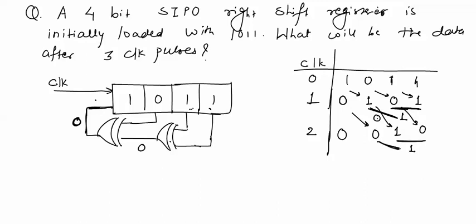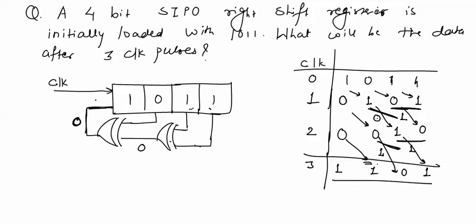These two bits will be XORed, 1 will be the answer, and this 1 will be inserted in the next clock pulse. So this 1 will be here and the other bits will be shifted to the right. So the data after 3 clock pulses will be 1 1 0 1.